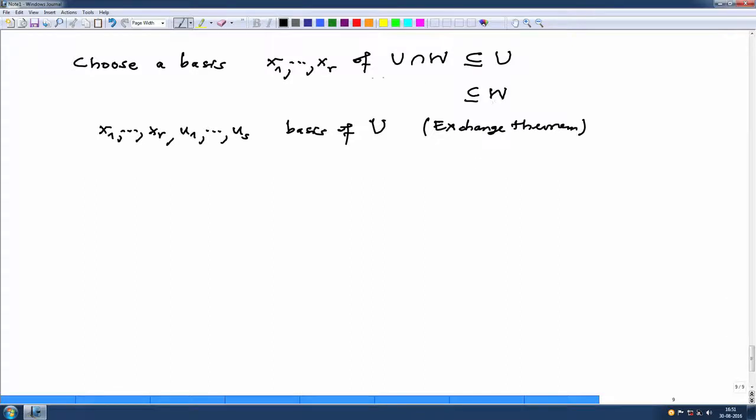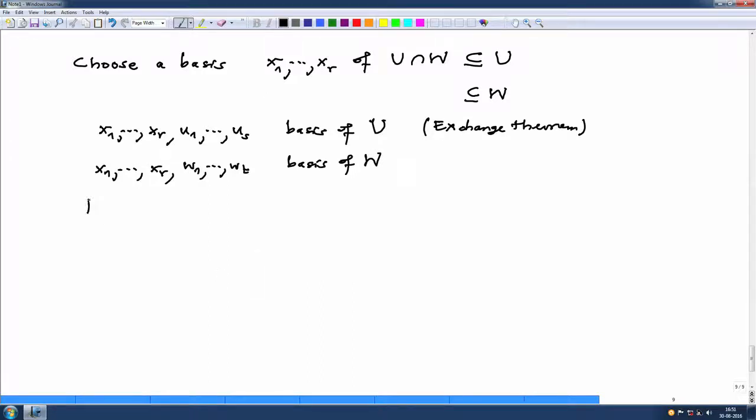Similarly, I do it for W also: x1 to xr, W1 to WT, a basis of W. Now, I put all of them together.